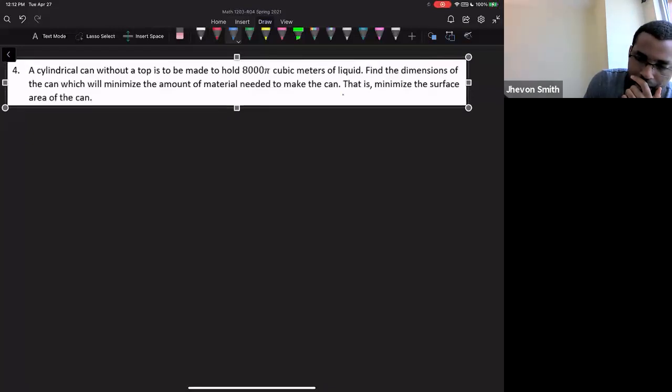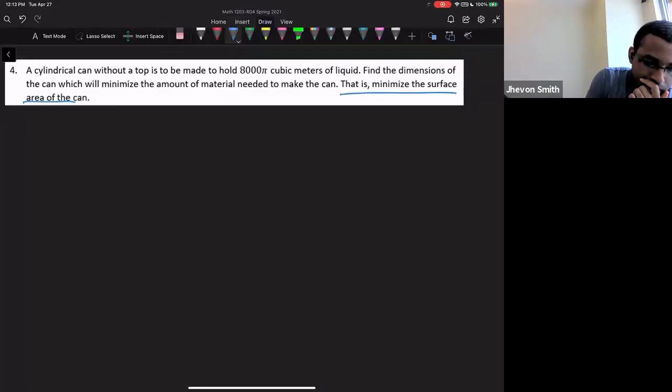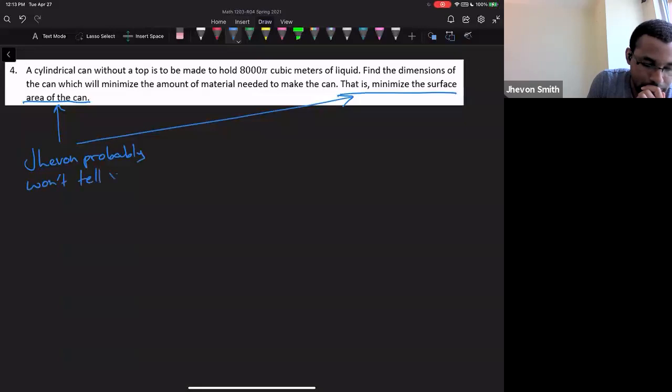By the way, that statement right here, Jhevon probably wouldn't tell you that. I'm going to expect you to know that area is what you want to minimize.